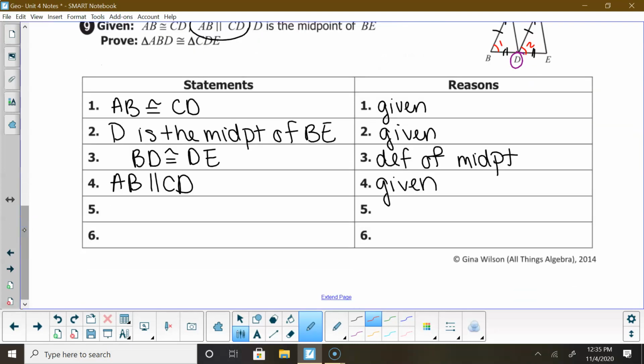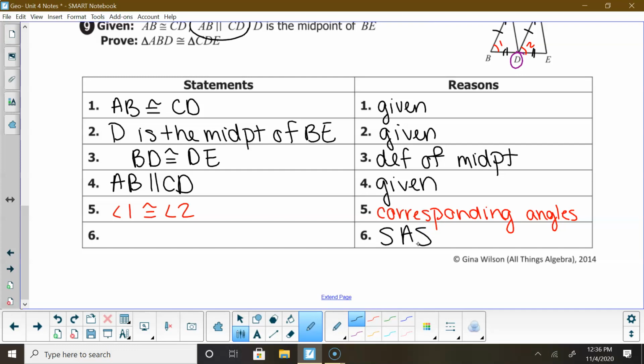So, I've got angle 1 is congruent to angle 2. But why? They are corresponding angles. So I've got a side, an angle, my other side, I know it's SAS.